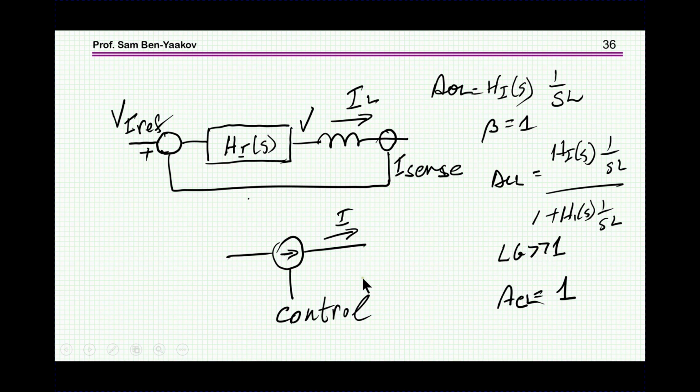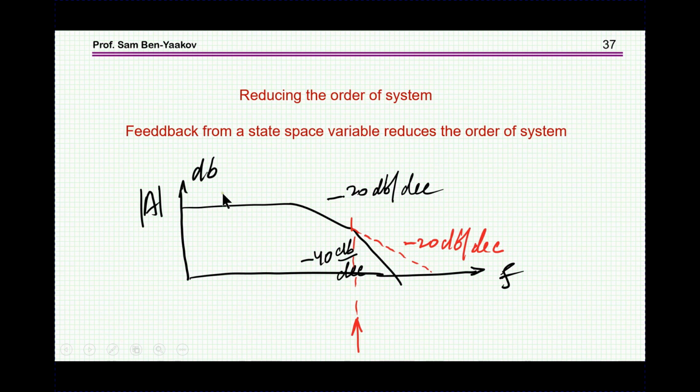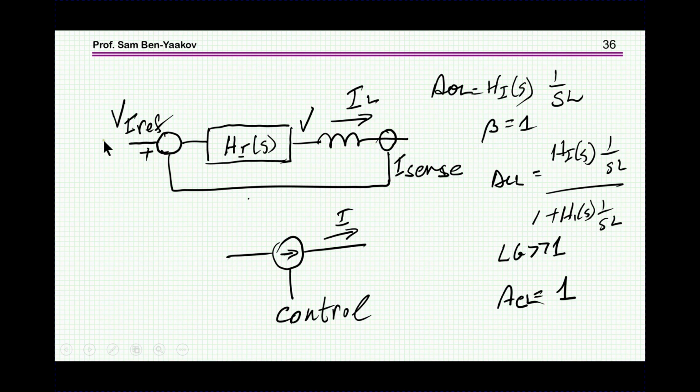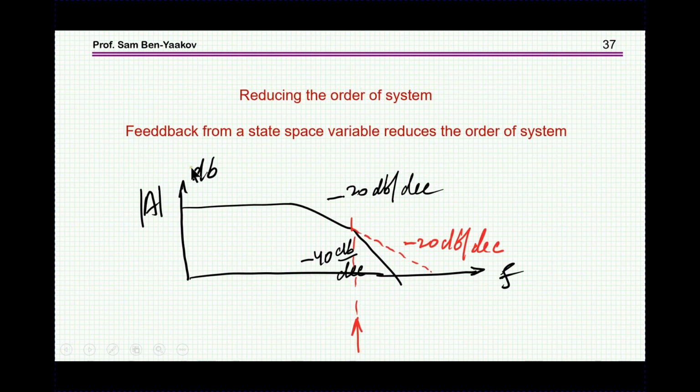Of course, this would be correct for the range in which this loop gain is larger than 1. So therefore, if this is now the pole due to the electrical part, and if we have an inner loop that drops out the inductor and makes the current output proportional to the command here, then rather than having a break here, we're going to have a continuation of the 20 dB per decade.